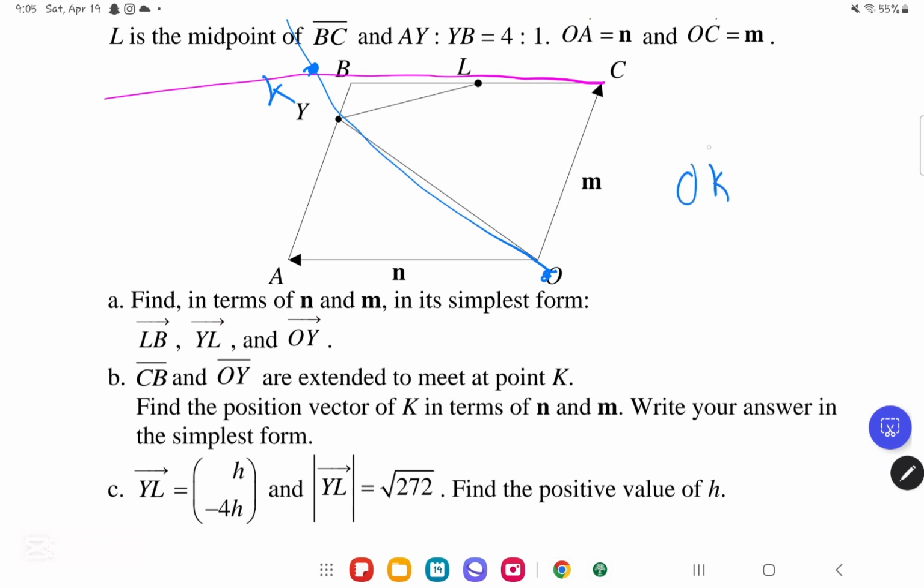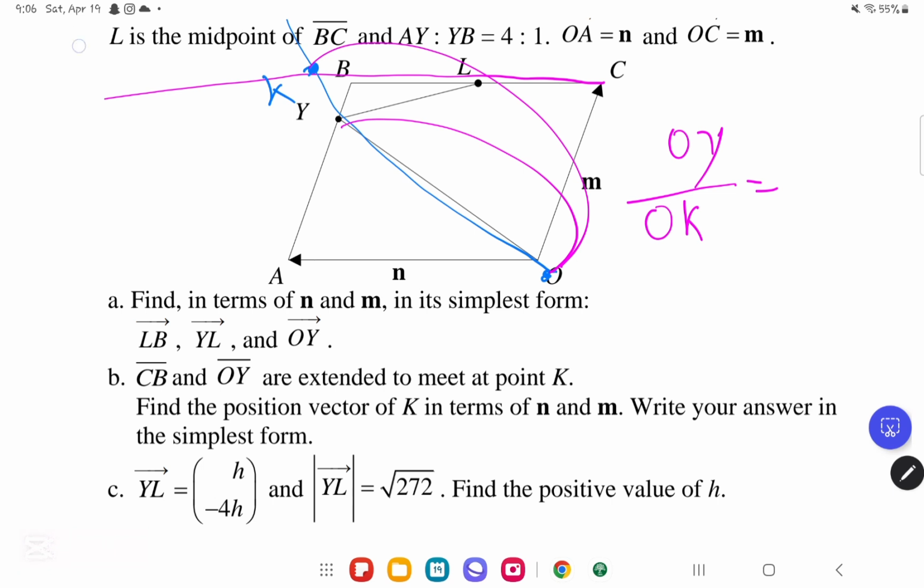Very simply, you can find it with this method. We can use proportional triangles. OY over OK is equal to AY over AB. Now you can do cross multiplication.